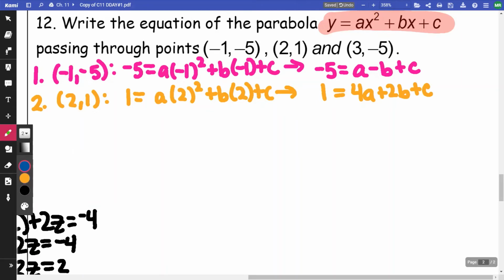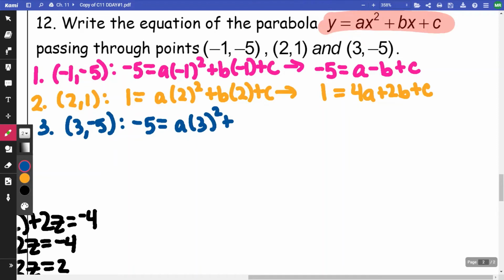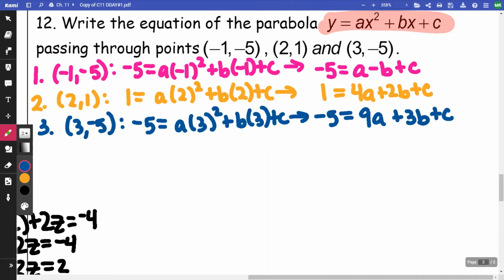On number 3, the third point, 3 comma negative 5, I'm going to get negative 5 is equal to a times 3 squared plus b times 3 plus c. And that ends up giving us negative 5 is equal to 9a plus 3b plus c.